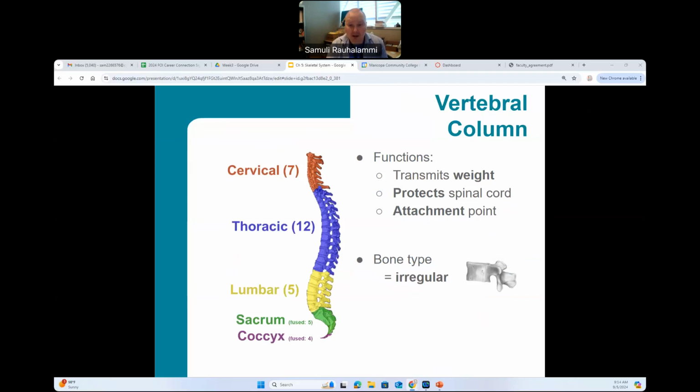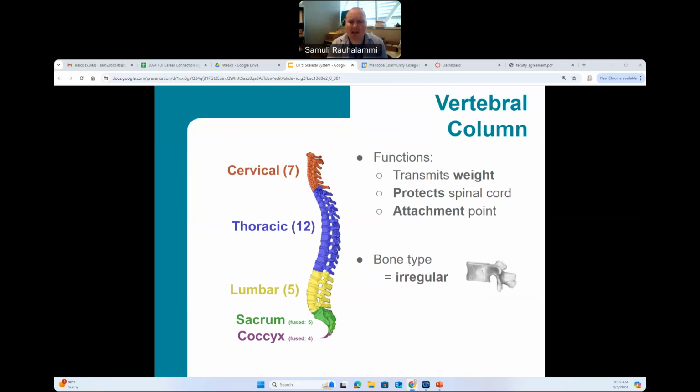The sacrum is in adults 1 single bone, but it does start early in development as 5 different bones that then fuse together as the process of ossification takes place. This is really the portion that attaches to the appendicular skeleton. And finally, we have our coccyx, again in adults 1 single bone, starting as 4 bones during early development, forming what we can describe as a tailbone.